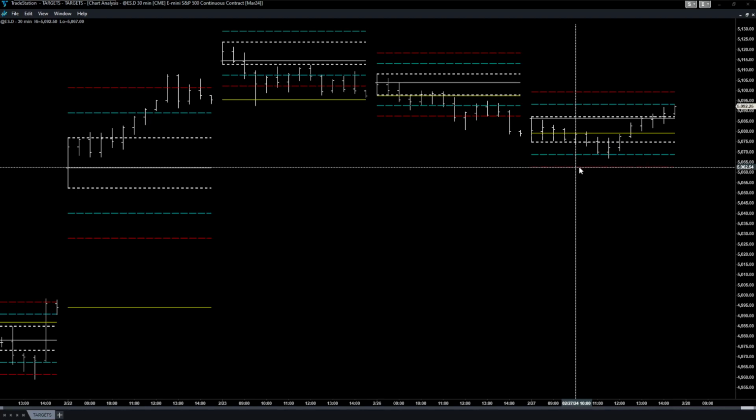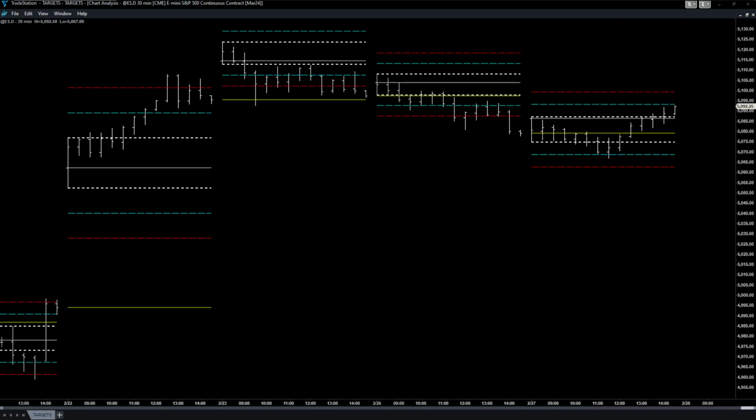Now, of what value is that? Well, you might be interested in knowing the probability that the first standard deviation level will be reached on any particular day. And we keep tabs of this.